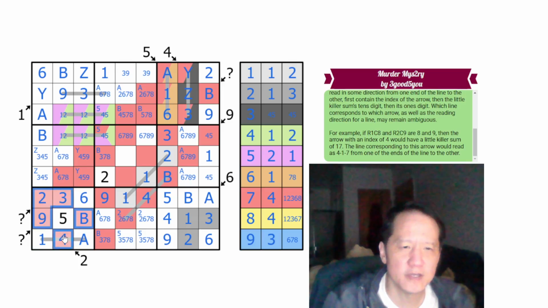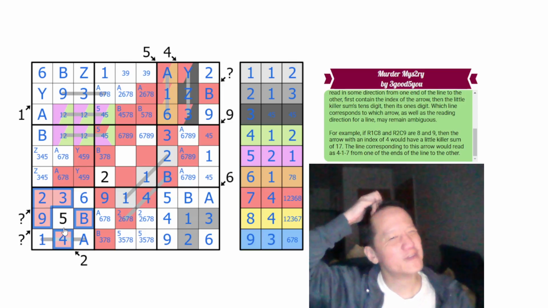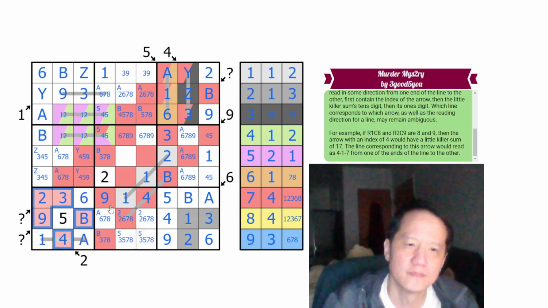If this is 8, it's 26. That seems like it could very well still be that. This is A at most, though. Okay, so these add up to 12 at least.